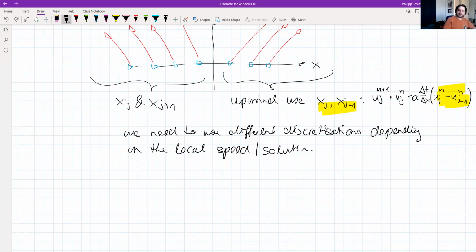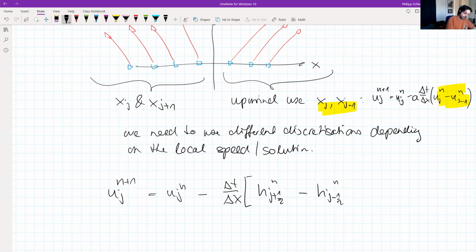The basic idea here is that I would write a general update scheme. I can maybe start like that. So I say uj n plus 1 is uj n minus delta t divided by delta x, and then in these brackets, I write hj plus 1/2 n minus hj minus 1/2 of n.